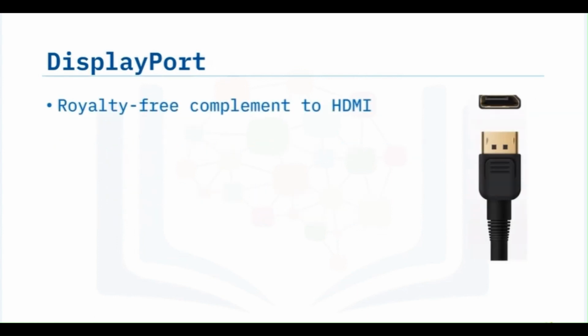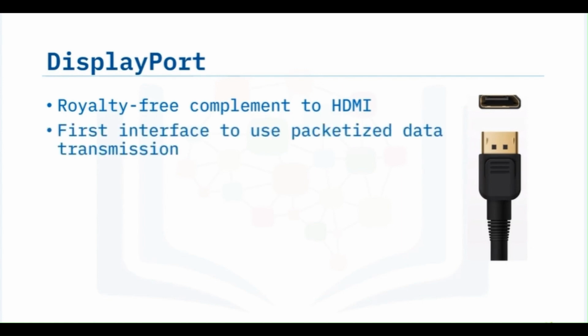Developed by the Video Electronics Standards Association, or VESA, DisplayPort is designed to complement HDMI and offer a royalty-free alternative. It improves upon the DVI interface and is the first to use packetized data transmission. This allows DisplayPort to transmit higher bandwidths over fewer pins, thereby resulting in almost lossless data transmission.